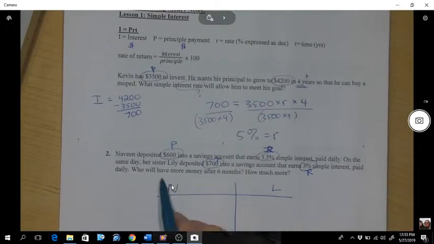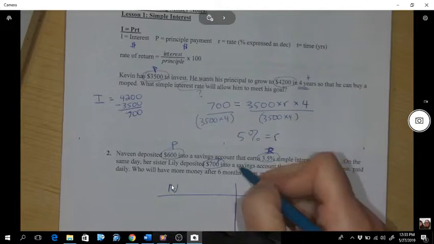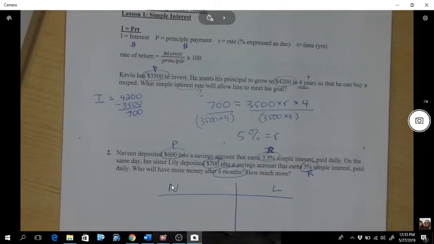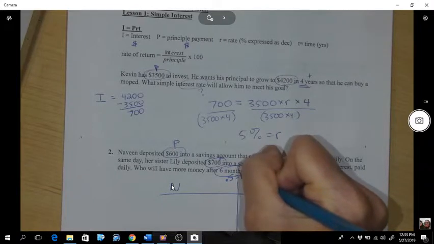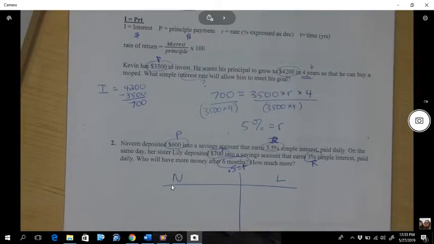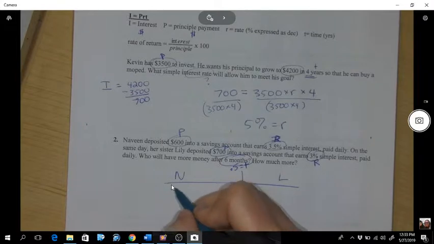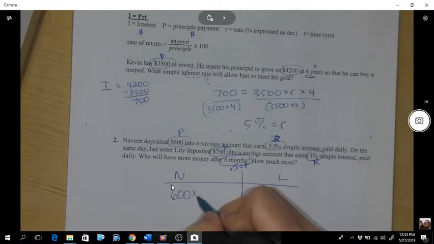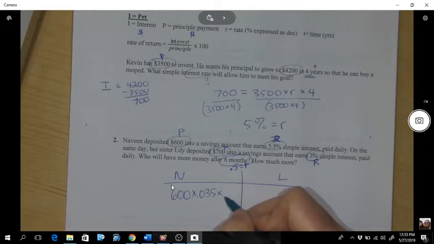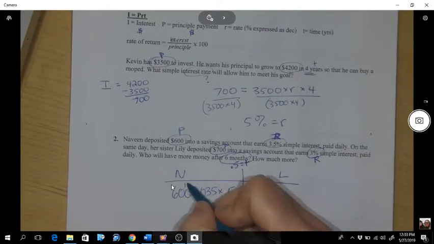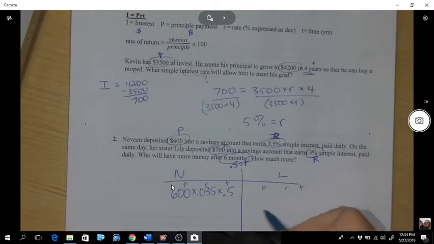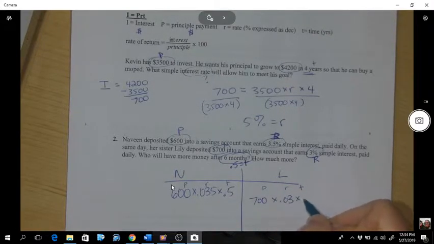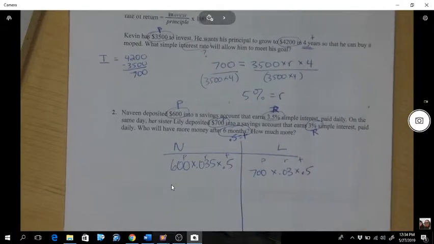And then we have, who will have more money after 6 months? So time is not 6. You're going to use a 0.5 there. So we have 600 times 0.035 times 0.5 for PRT. And our PRT for Lily is started with 700 times 3% times a half of a year.